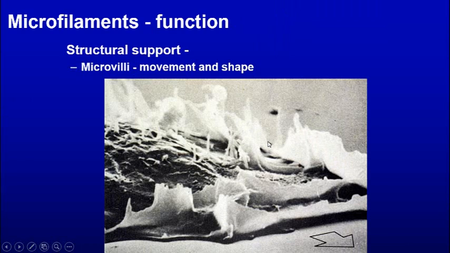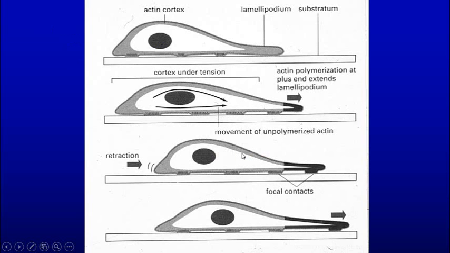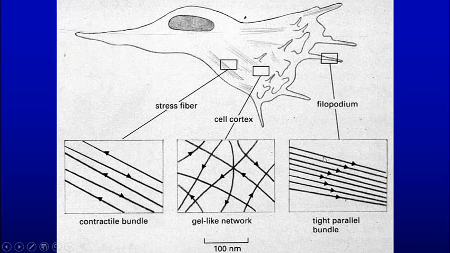So microfilaments function in structural support and movement of cells; they change the shape and keep the shape. Also, they facilitate movement. They will push the plasma membrane forward so it can attach down here and lose attachment down behind, and that's the way a cell moves.